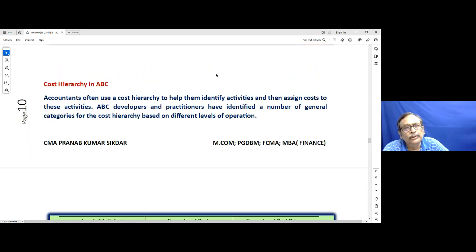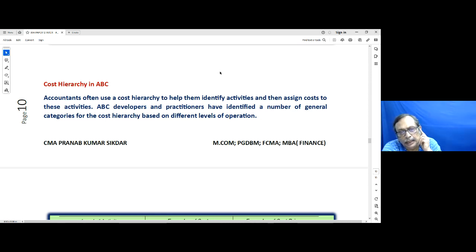Now we are coming to cost hierarchy in ABC. So you have to definitely learn this. If a question is coming on, that is, what is cost hierarchy in ABC? And if you do not know the various cost hierarchy which are actually being used in ABC, then your knowledge will be incomplete. So that's why what we are going to do, we are going to consider the cost hierarchy so far activity-based costing is concerned.